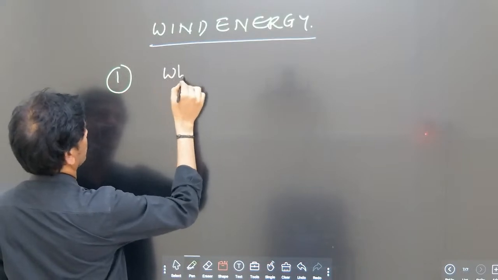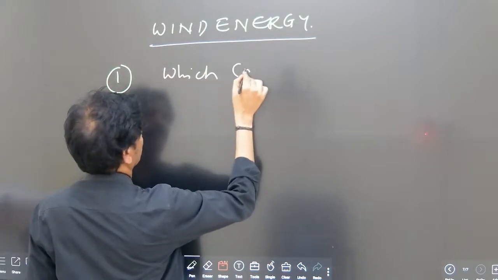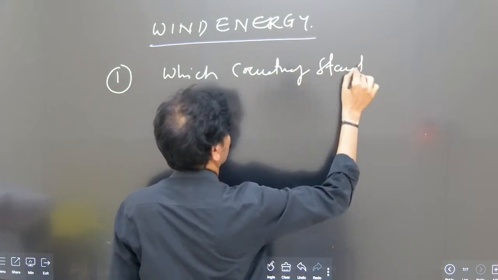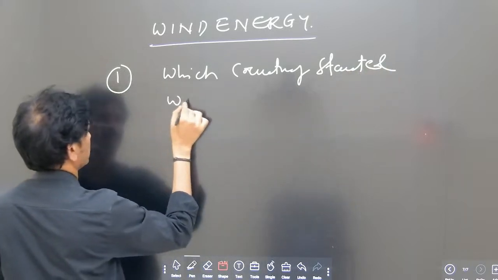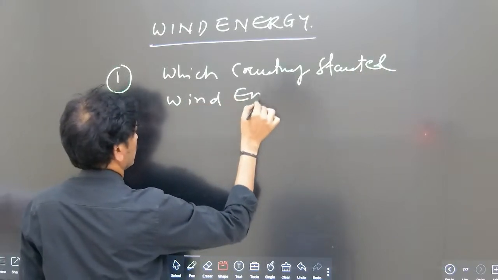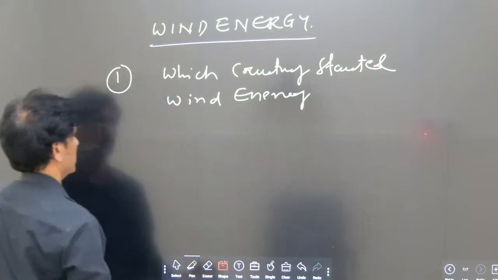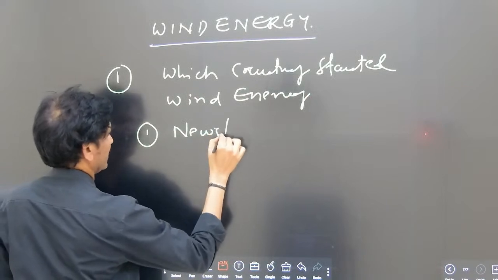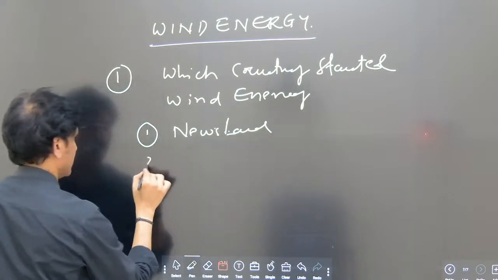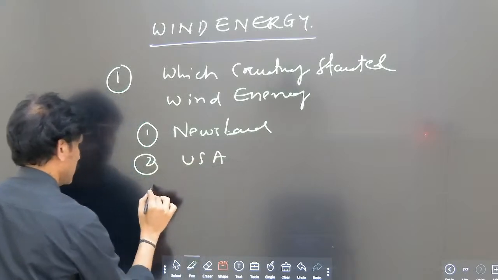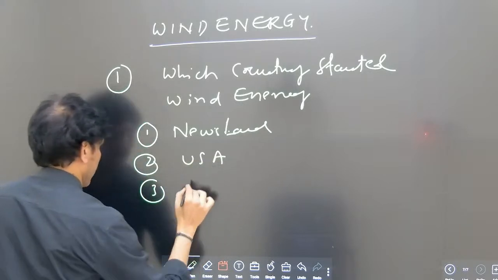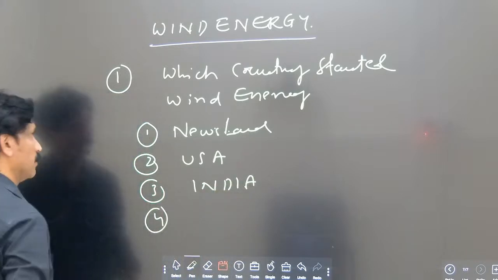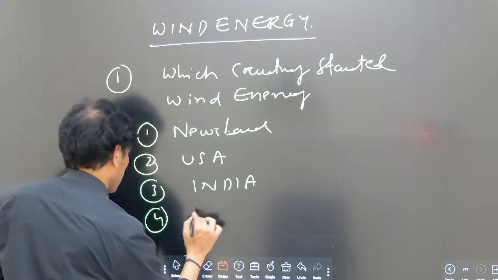Which country started the wind energy? Number 1, again New Zealand, USA, third one India, and fourth one is Germany.